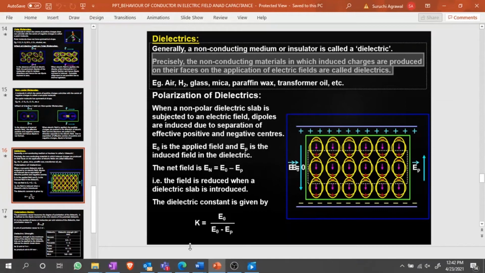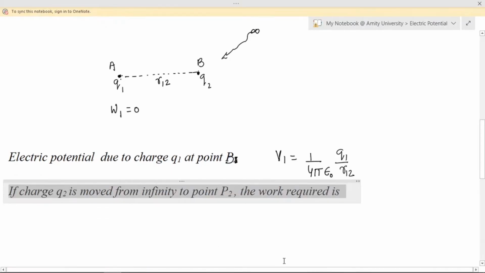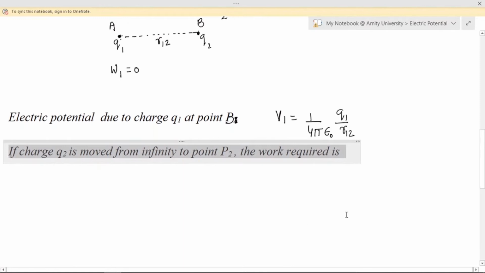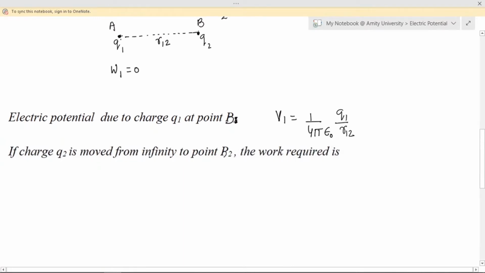If charge Q2 is moved from infinity to point B, the work done required, from the definition of work done, is charge Q2 multiplied by the potential at that point B, which we have marked as V1. Substituting the value of V1, it will be equal to 1 by 4 pi epsilon naught Q1 Q2 over R12.